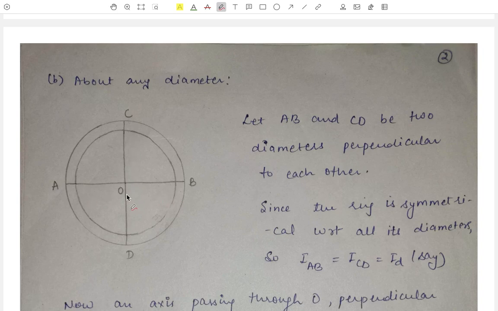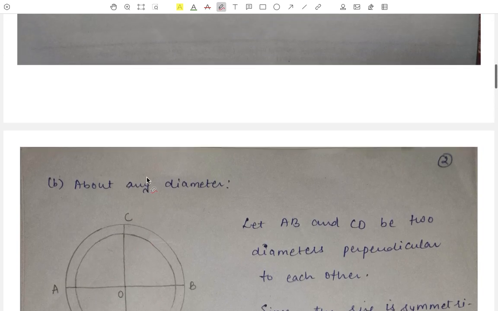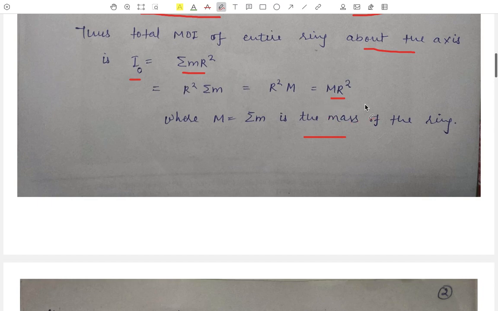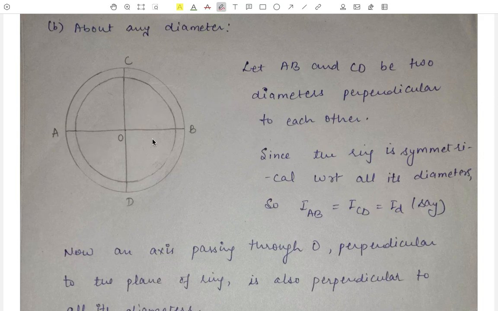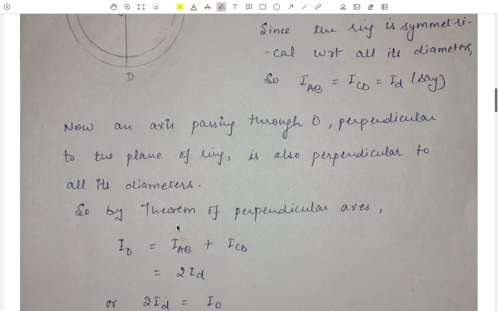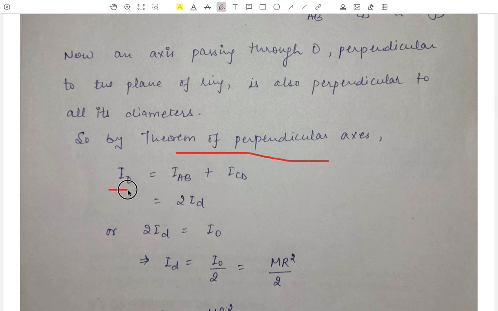Since the diameters AB and CD are in the plane of the ring, and we have an axis passing through its center of mass O but perpendicular to the plane of the ring, about which we found the moment of inertia MR squared, to find the moment of inertia of the ring about its diameter, we will use the theorem of perpendicular axes, which says that the moment of inertia about an axis passing through O perpendicular to the plane of the ring is equal to the moment of inertia about AB plus the moment of inertia about CD, where AB and CD are the diameters.